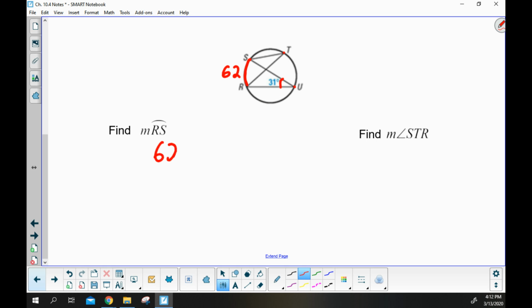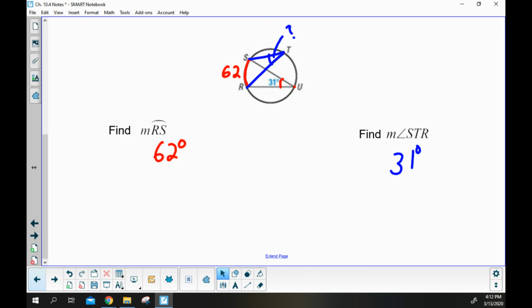So we know RS is 62 degrees. Because again, my intercepted arc is twice my inscribed angle. So you just double the angle. And then it wants us to find STR. So we're looking for that angle right there. What is that angle? Well, since it intercepts the same arc as SR, which is 62, it has to be half. So we know it is 31.